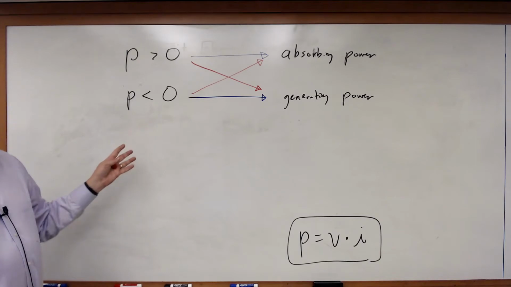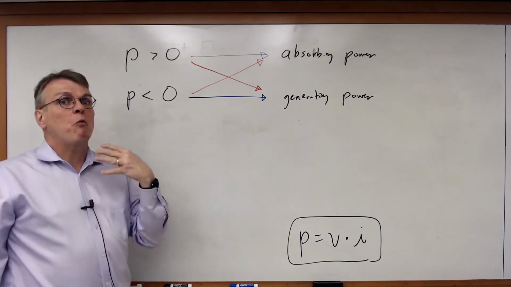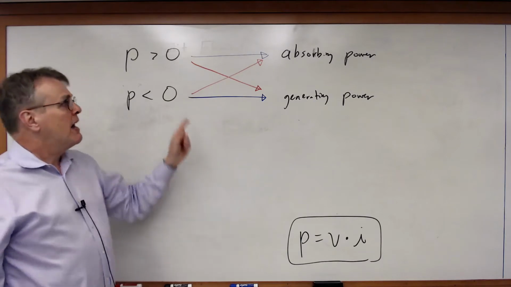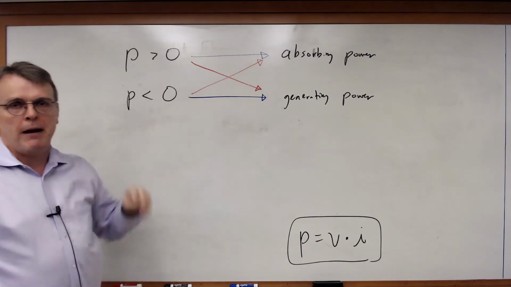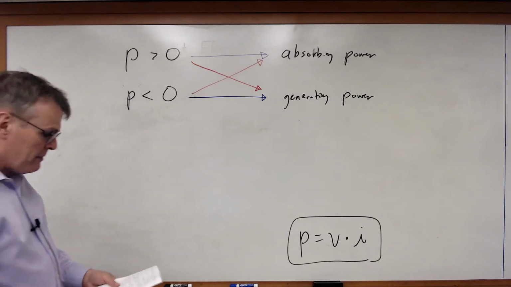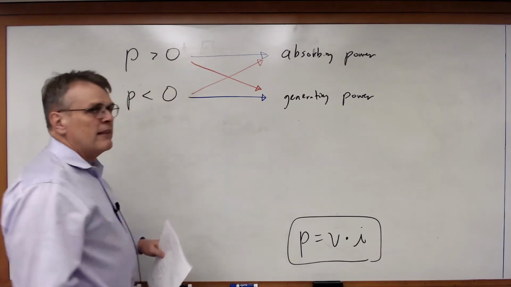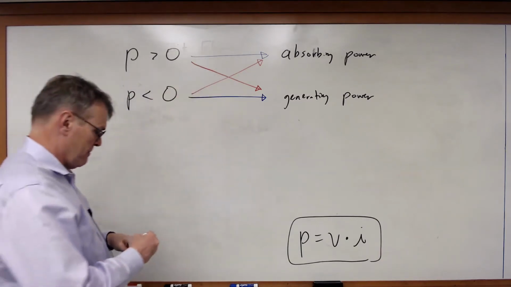Well, it turns out that we need some convention, some way that we all agree is the correct way to describe either absorbing power or generating power by an ideal element. And we give a name to that. We call that the passive sign convention, which settles this question for us.